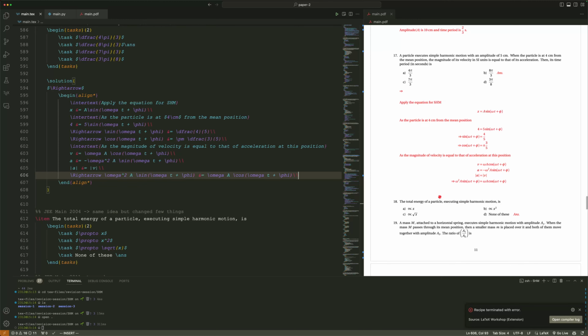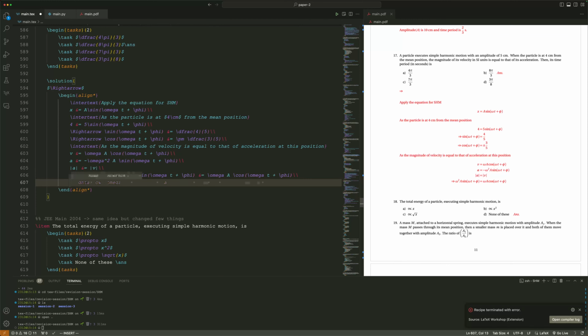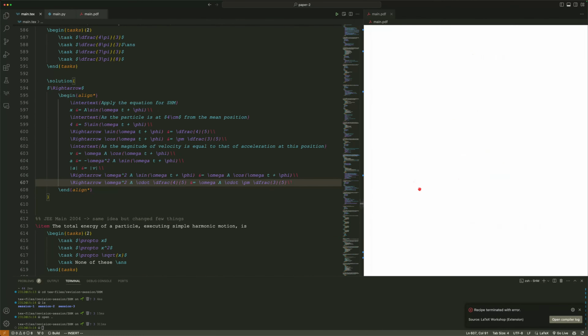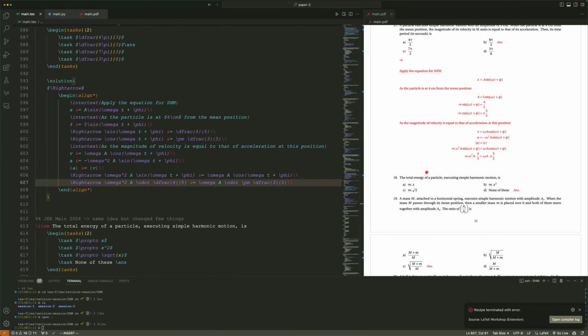So yes, we can now put the value of everything. Let's run it first. So yes, omega square 4 by 5 equals omega 3 by 5, not plus minus. We got its magnitude only, so no plus minus, so one is enough.